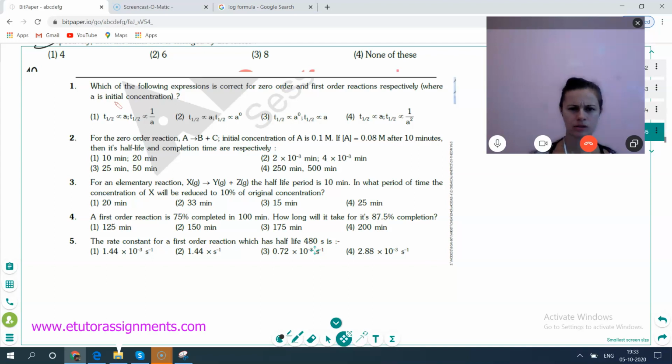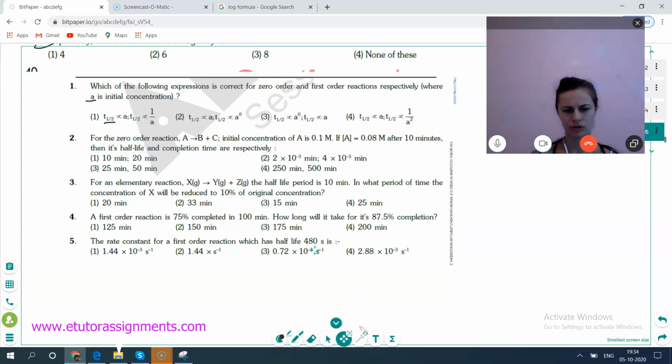So A is the initial concentration. T half is the half-life time. T half is proportional to A, or 1 by A. I forgot the formula for T half.